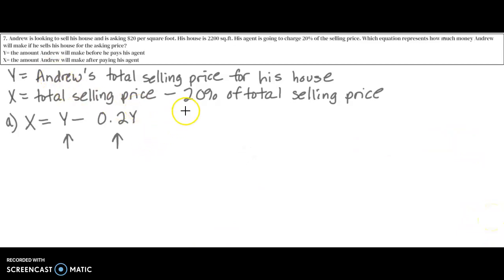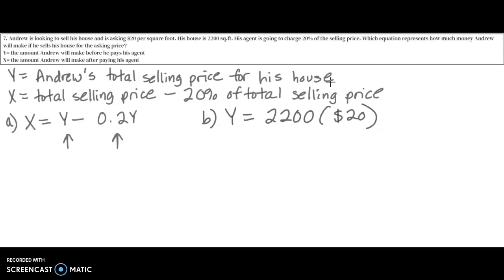Okay, so now, with that formula being established, we go to part B. Part B is the Y, which is Andrew's total selling price for this house, is equal to 2,200, and 2,200 represents the square feet times $20 per square foot.